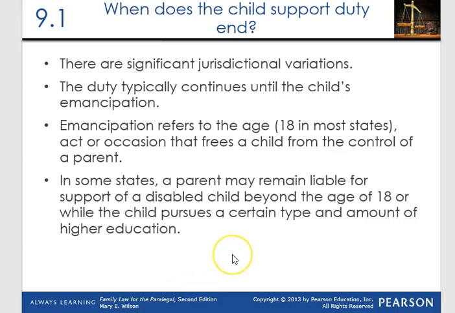In some states, a parent may remain liable for support of a disabled child beyond the age of 18, or when the child pursues a certain type and amount of higher education. Ohio is one of those states that does enforce and order child support obligations for disabled children beyond the age of 18.